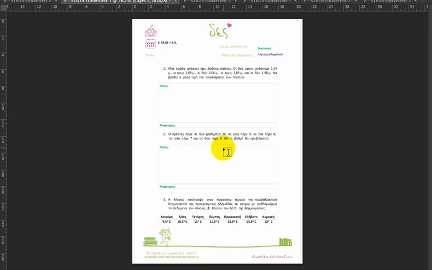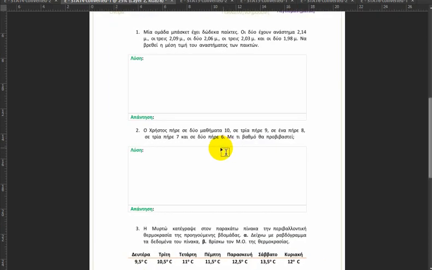There we go. All right. Here we have a basketball team, and we're given the heights of players. And we want to find out the average height of the team.